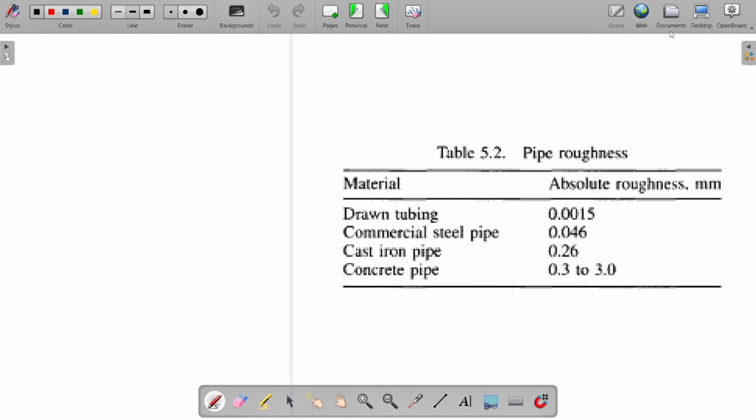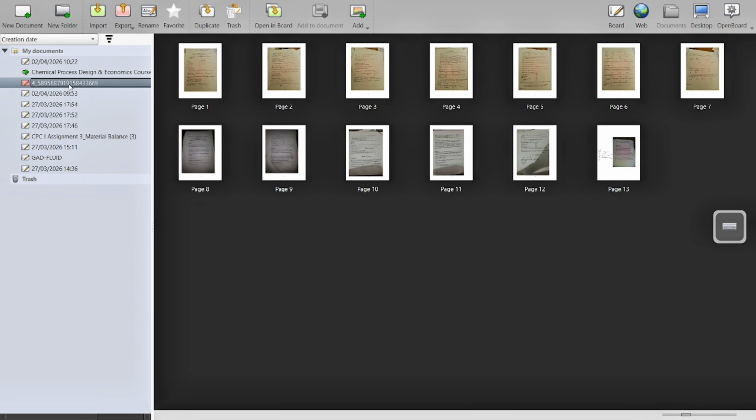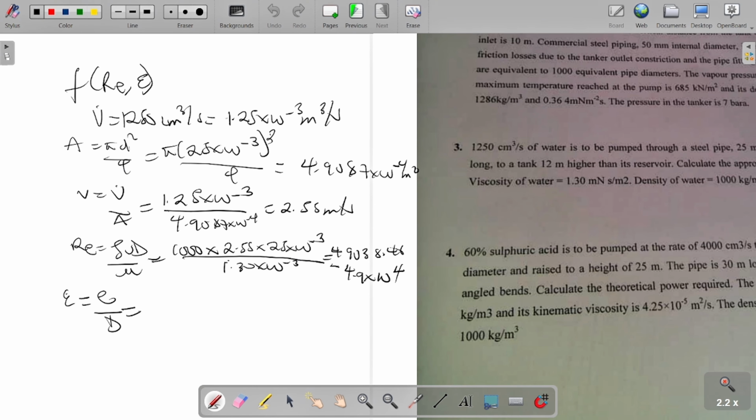So if I have 0.046, I can calculate my relative roughness. So 0.046 divided by 25, as absolute roughness is in millimeters, so you can just leave your inside diameter in millimeters too. So the relative roughness is 0.00184, which is approximately 0.002.